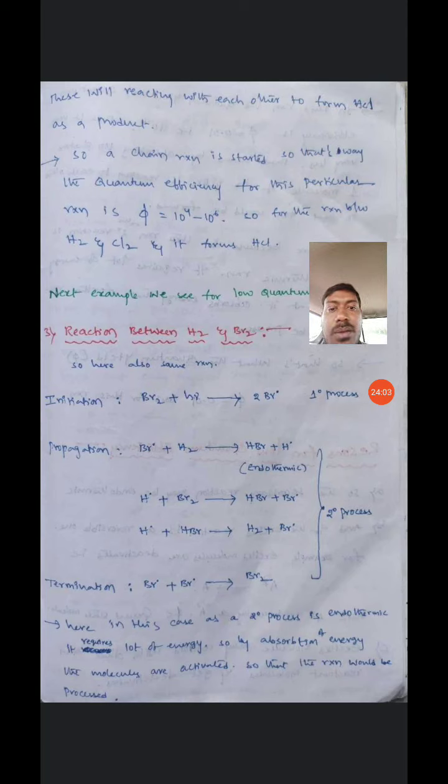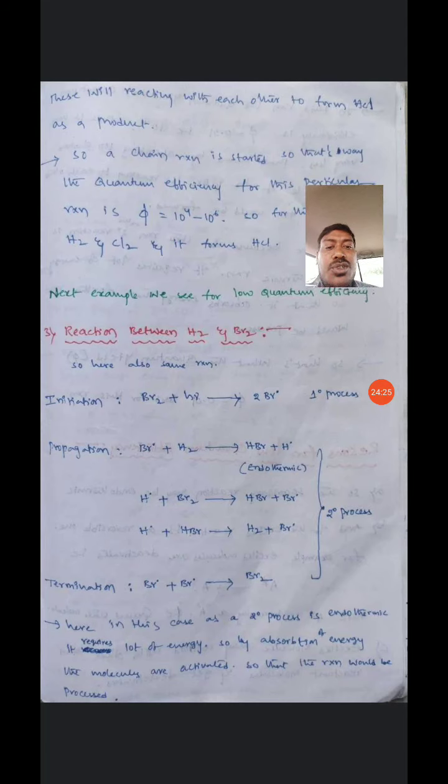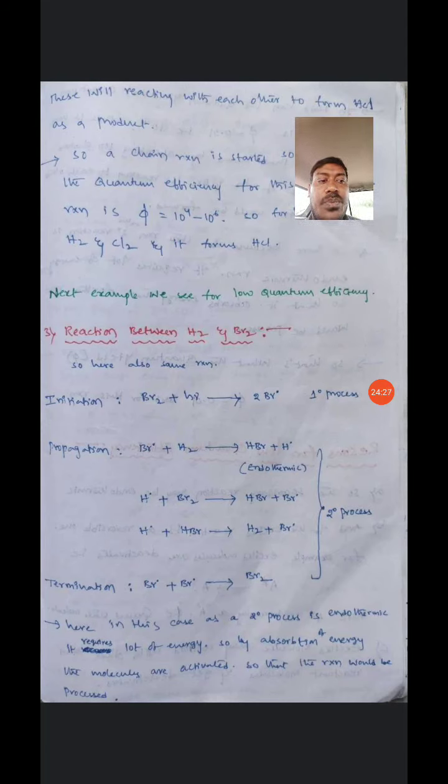That's why the quantum yield for this particular reaction is Φ equal to 10 to the power of 4 to 10 to the power of 6.